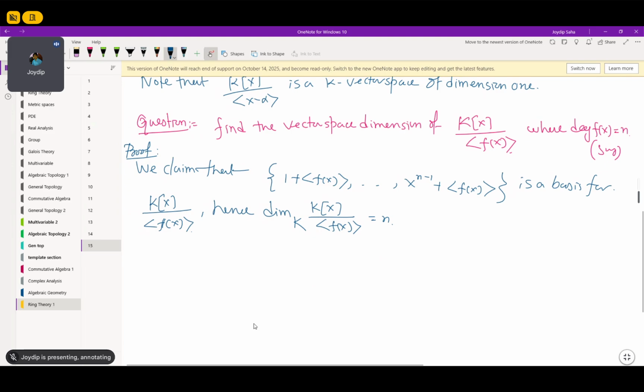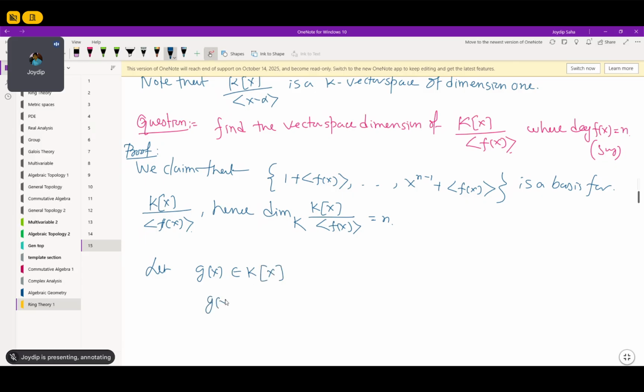So at first we have to prove they are linearly independent, and then we have to prove that they span this. Okay, let g(x) belong to K[x].